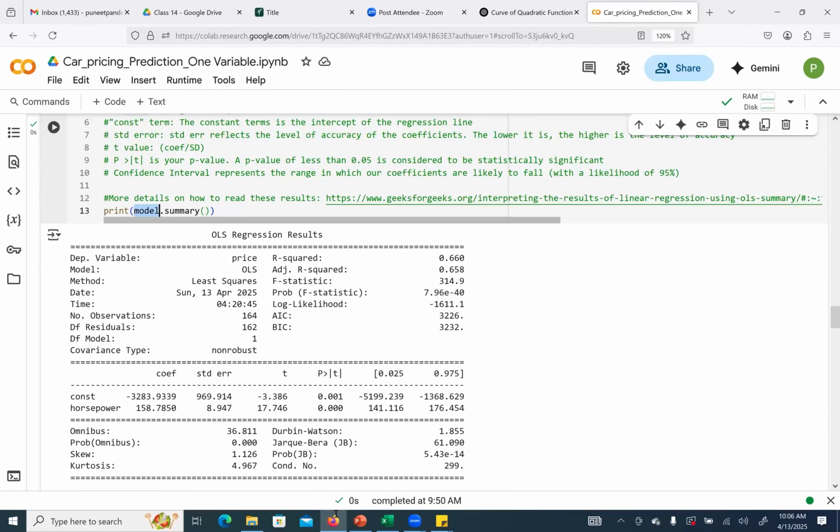It's not about outliers, it's more about how much related this particular variable is to your target. As I was telling you, let's say the price of the car.